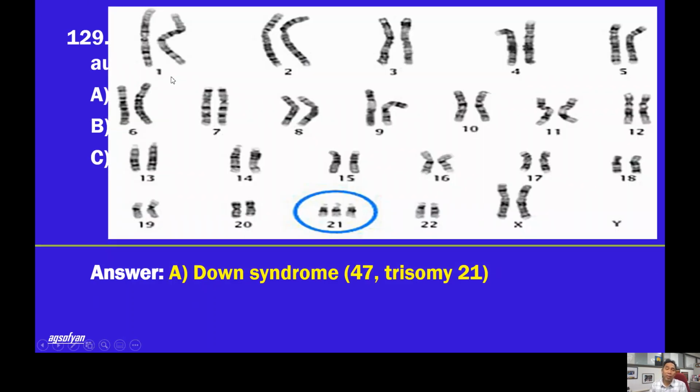If you see this karyotype, chromosome number 21 has 3 chromosomes. It's supposed to be only 2, one pair, but it has 3. Therefore, it's called a trisomy, and it is in the autosome, not the sex chromosome. So this is the trisomy of autosome.